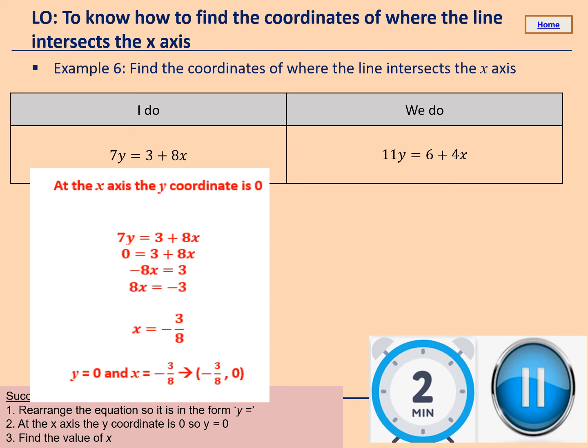We don't like x to be negative, so if we divide both sides by minus 1, we end up with 8x equals minus 3. x equals minus 3 over 8 by dividing both sides by 8. So y equals 0 and x equals minus 3 over 8. So the coordinate x, comma y, is minus 3 over 8, comma 0.